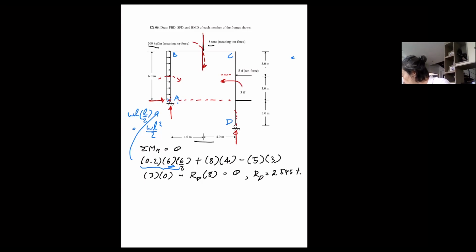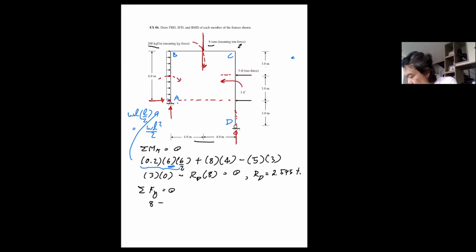So now you may be so tempted to use sigma Fy equal to 0 here. I advise against it. You should try to take moment one more time, or if you do wish to use sigma Fy equal to 0, you would know that you have like 8 tons downward here, right?